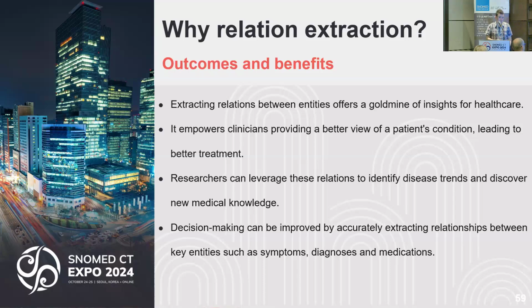So on the first level, we can directly help clinicians get a better view of a patient's condition, and we can also help researchers potentially identify new disease trends and discover new medical knowledge, if there's anything to discover, of course. All in all, the conclusion is that decision-making should be improved by accurately extracting relations between entities. A few examples here can be symptoms, diagnosis, and medications.